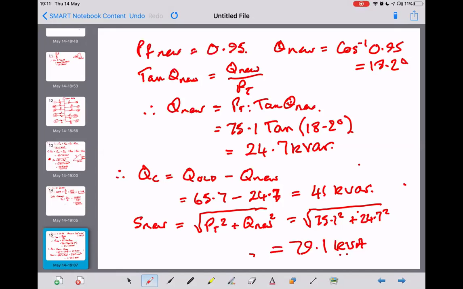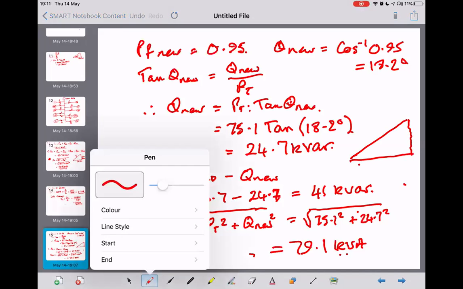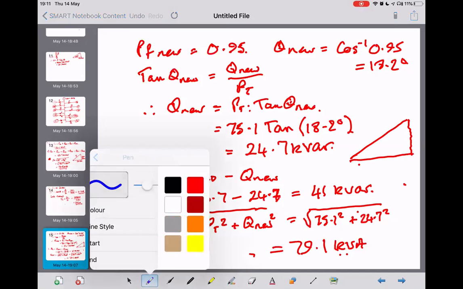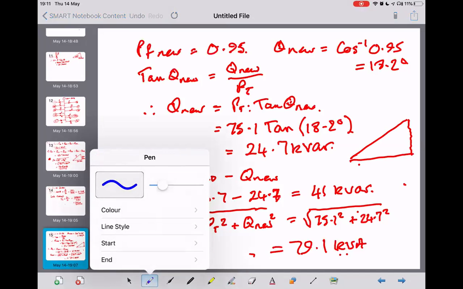You're taking the new Q away from the old Q. Originally we had a Q up quite high, but now we're coming in with a lower Q, reducing the angle.